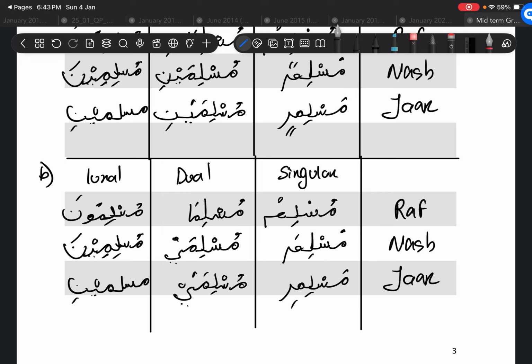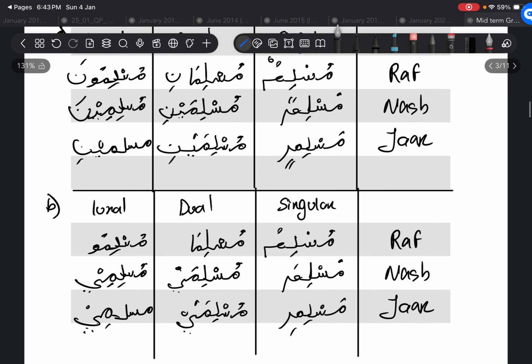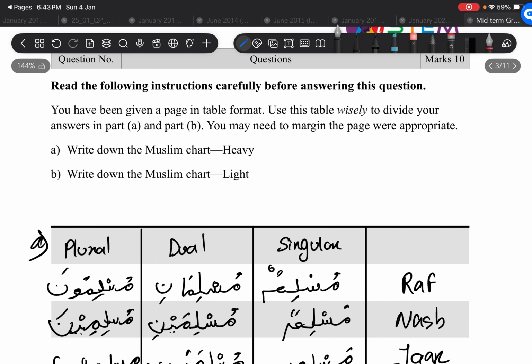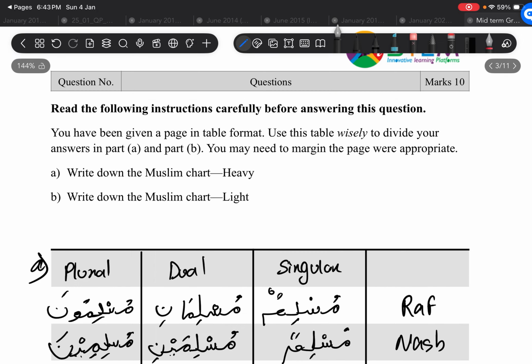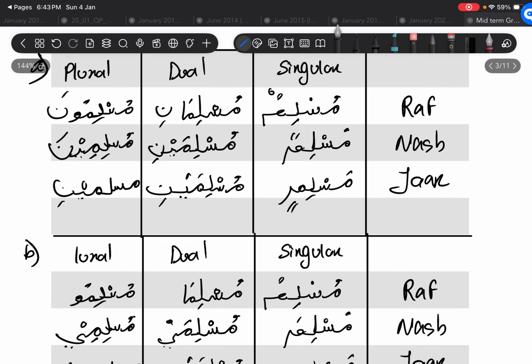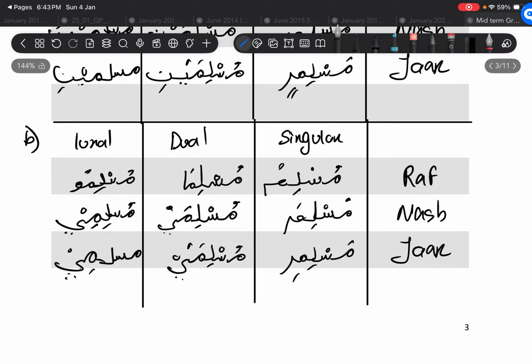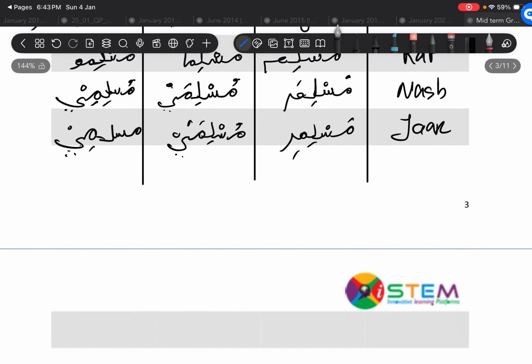And this part would be muslimu, muslimi, muslimi. Terrible, yeah. Like, what is that? But all right, we can still work with that. There you go. This was 10 marks. This was very easy, but some of you could not answer, sadly.